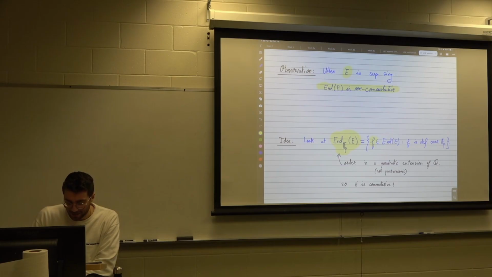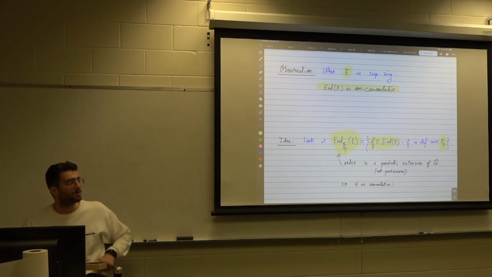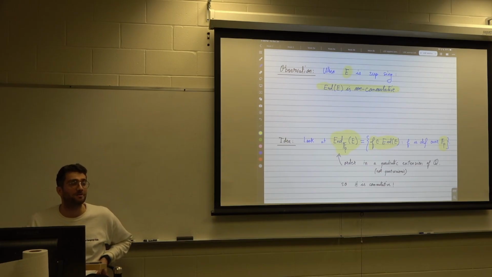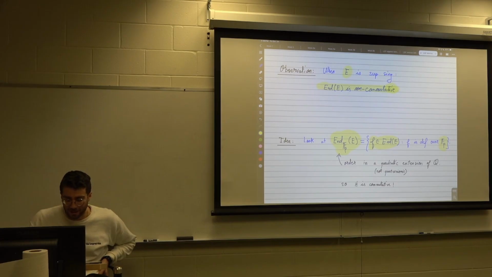This means I take all the endomorphisms as long as they're defined over F_p. Before, I said that my endomorphisms could be defined over F_p bar, and it gave me something non-commutative. Now, if I say it has to be coefficients in F_p, this is going to be commutative again, because it's not in a quaternion algebra anymore. It's going to be in a quadratic extension of Q.